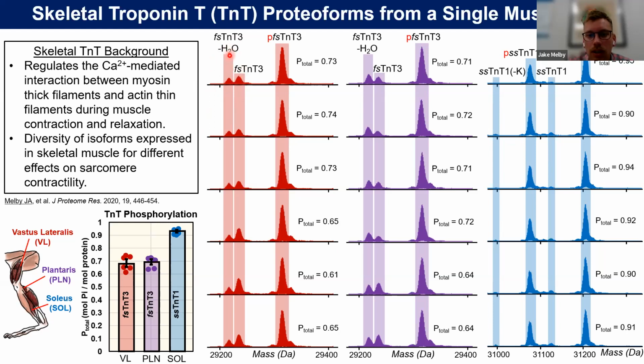P total is a calculation that's essentially quantifying the amount of the phosphorylated form of a proteoform family. And at this level for fast skeletal troponin T3, the phosphorylation is relatively consistent, about 0.7. Whereas for the soleus fibers expressing slow skeletal troponin T1, the amount of phosphorylation was a lot higher. And you also see a larger diversity of proteoforms here.